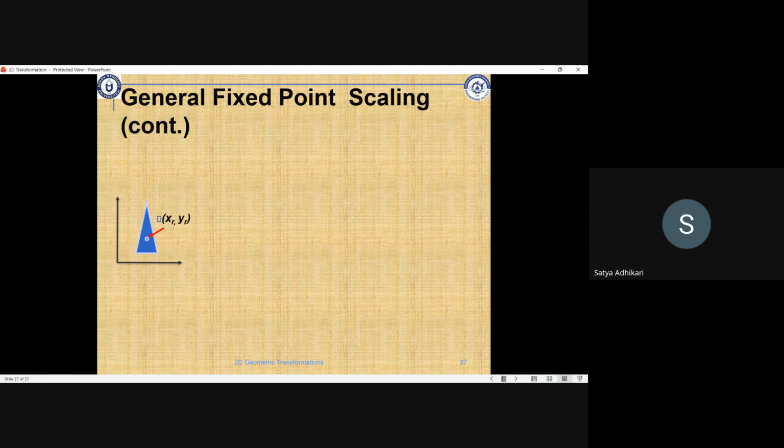You see, we have to scale that object with respect to xr and yr. Here is the pivot point. That is, we have to change the size with respect to this point.